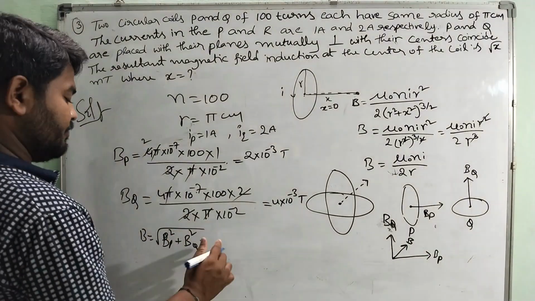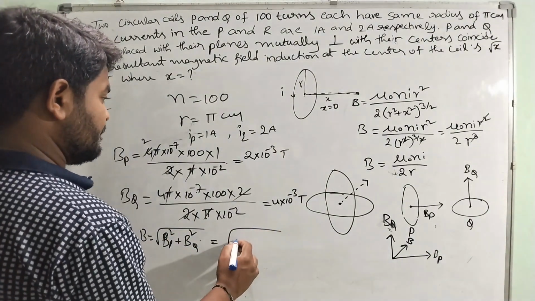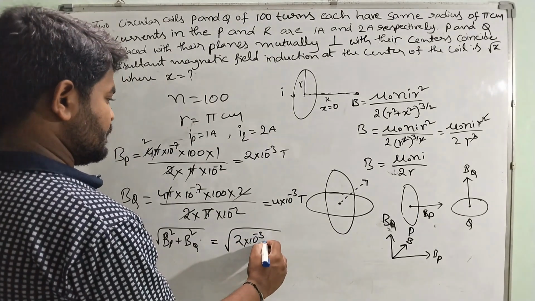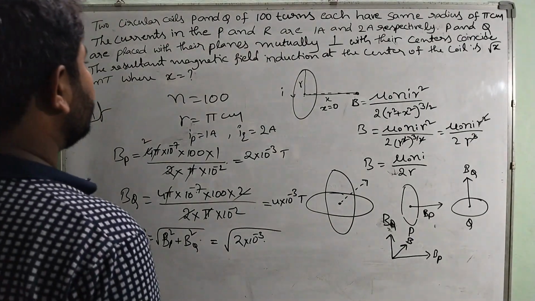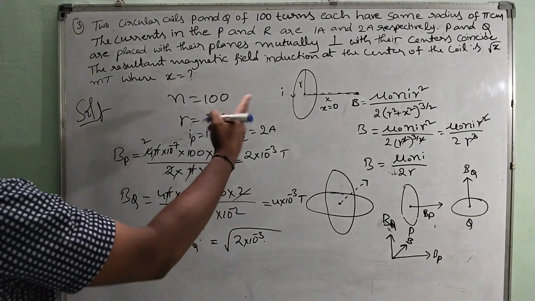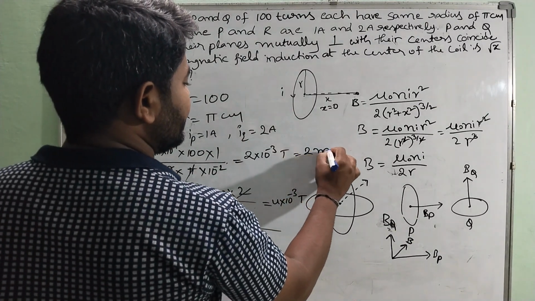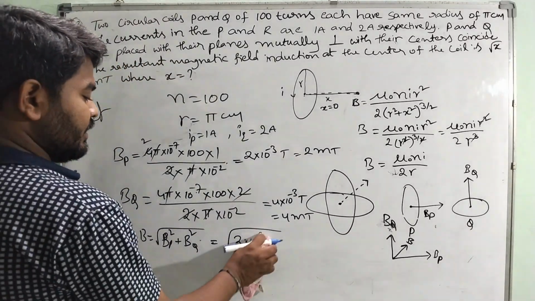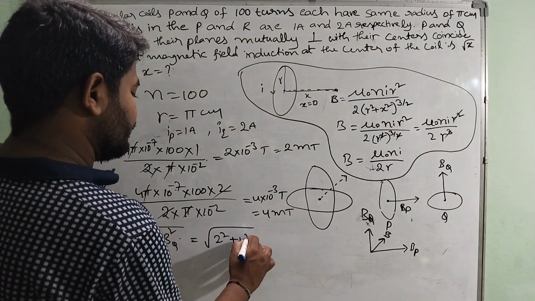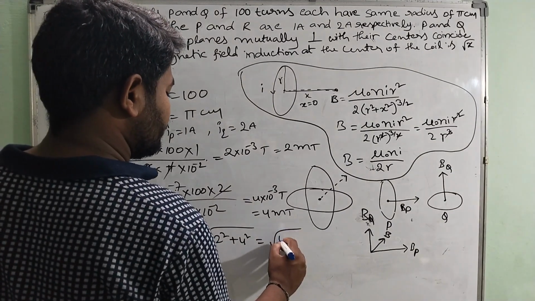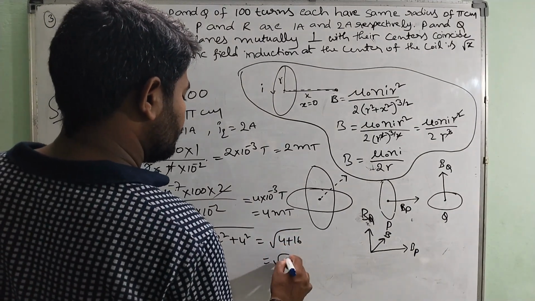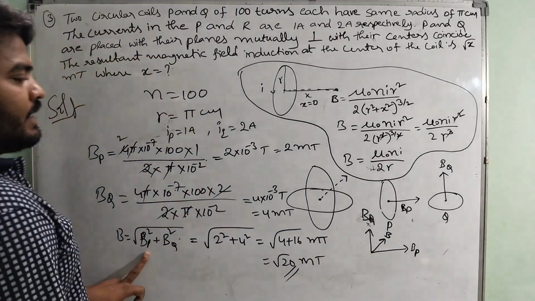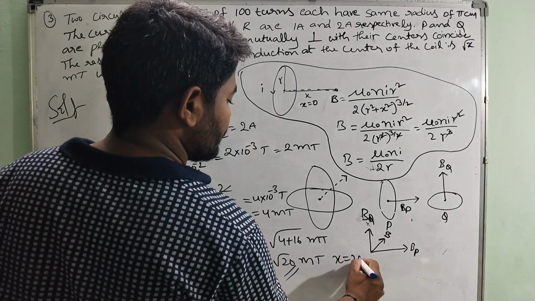Now, minus 3 in the sense of milli, so BP is 2 milli Tesla and BQ is 4 milli Tesla. So root over 2 square plus 4 square, that equals root over 4 plus 16, root over 20 milli Tesla. Clear? So the answer is x equals 20.